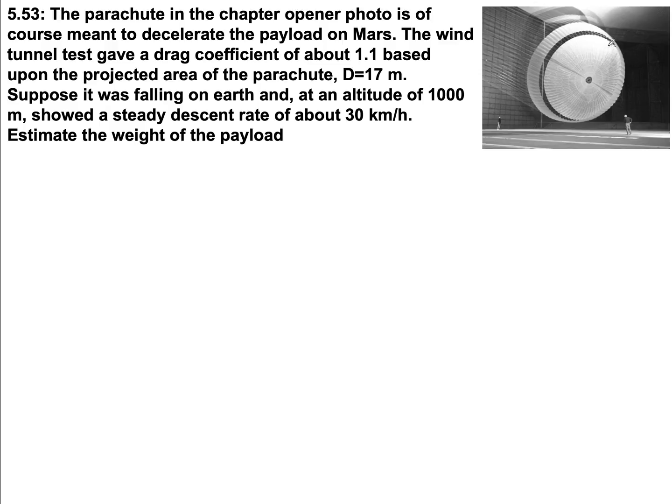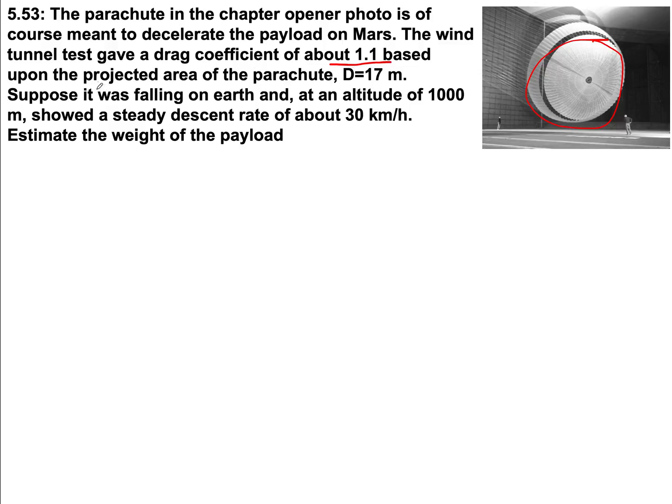They tell you, if you look at the parachute in this figure, it's designed for Martian missions, but it's tested first on Earth, and when it was tested in a wind tunnel, it gave a drag coefficient of 1.1.